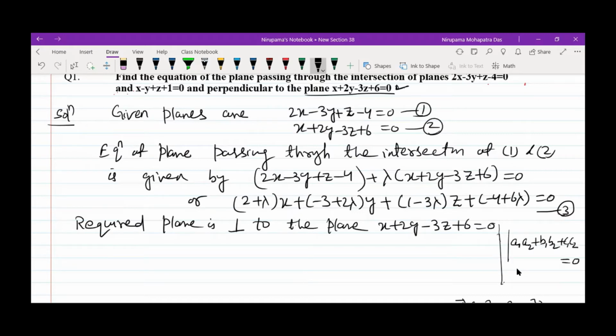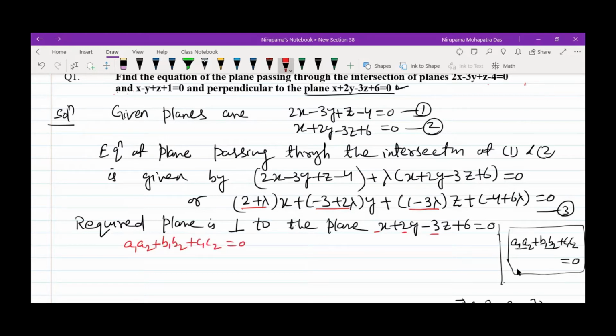It means the normals are perpendicular, so the sum of the products of corresponding direction ratios equals 0. So I may write the condition here: a1 a2 plus b1 b2 plus c1 c2 equal to 0.